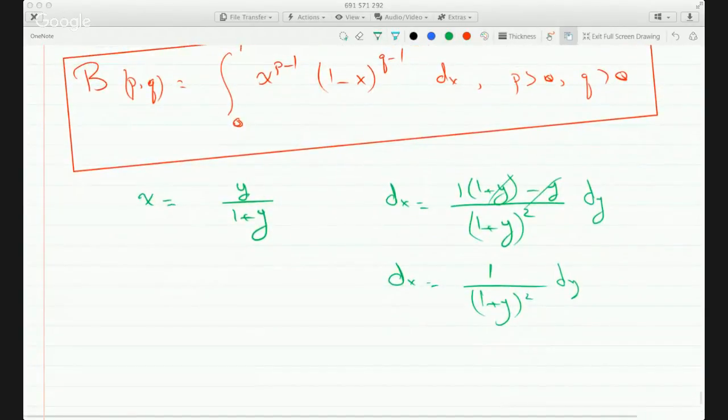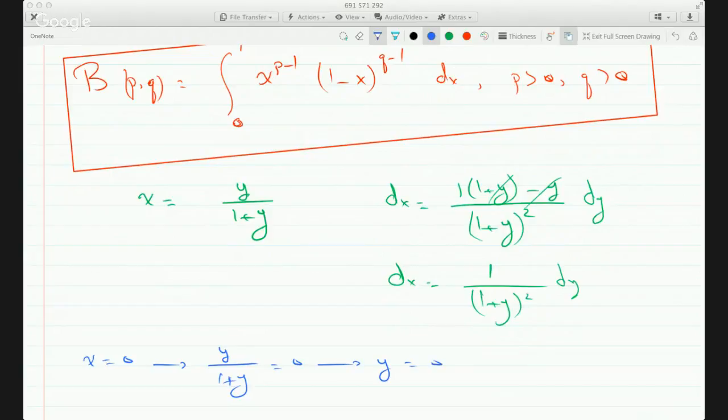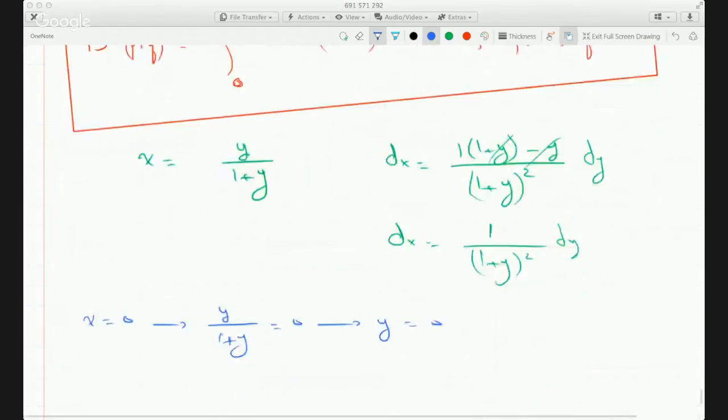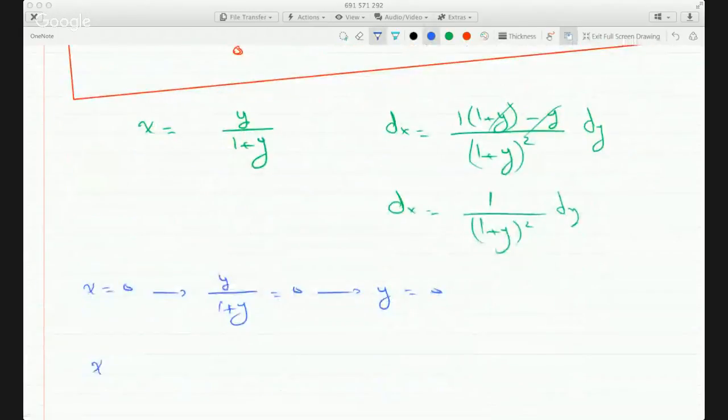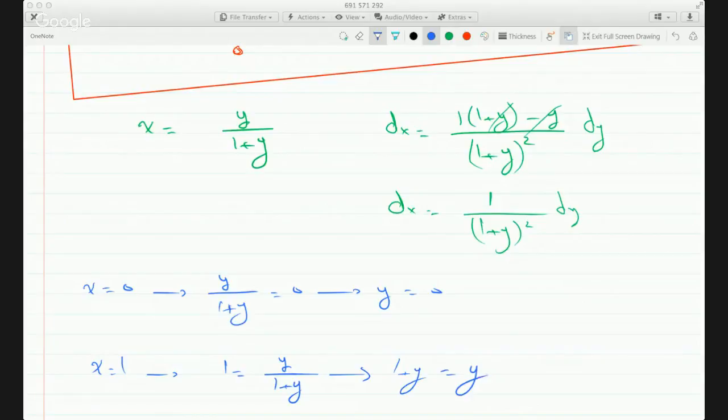Now let's do the bounds. Again, we have to change the bounds. If x is 0, then y over 1 plus y is equal to 0, which makes y equal 0. And if x is 1, that means 1 equals y over 1 plus y, which makes 1 plus y equal y, which makes 0 equal 1.